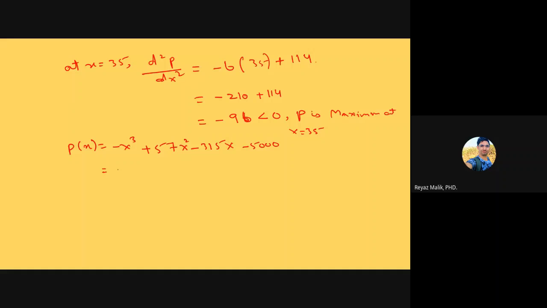So we will do minus 35 cube plus 57 times 35 square minus 315 times 35 minus 5000.